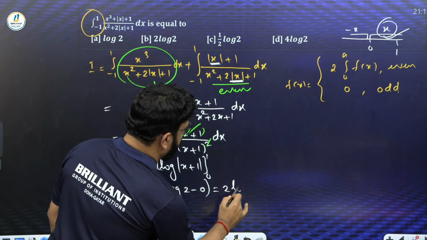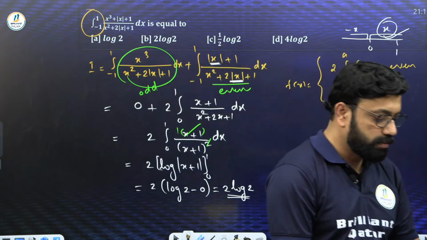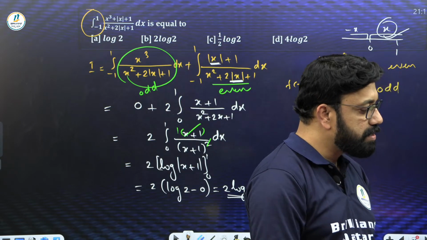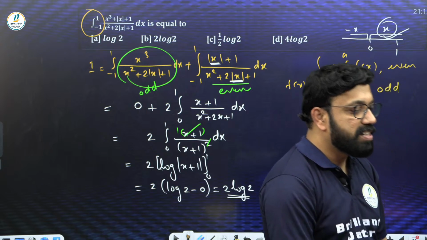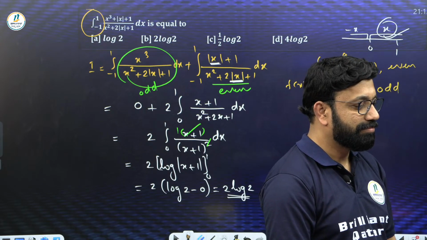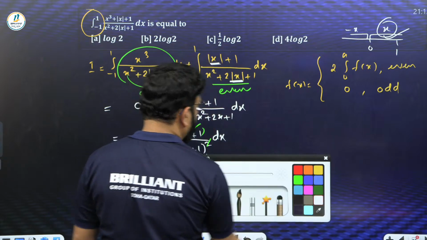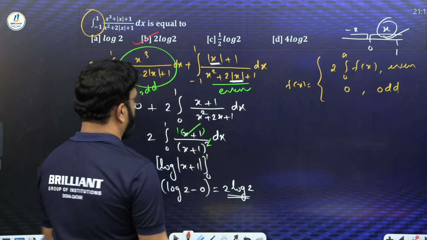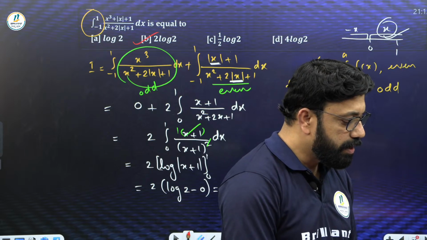Check whether 2 log 2 is there among the options. Yes, many students have given the answer. Option B is 2 log 2. Got it? 2 log 2 is the right answer.